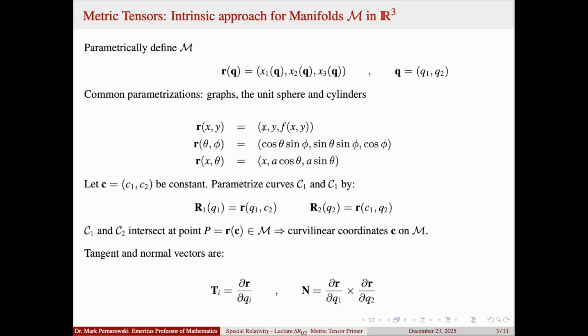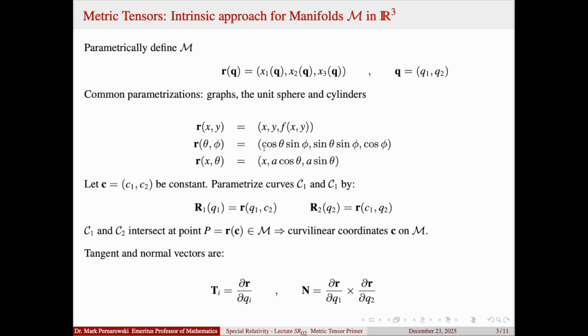If I tell you the x and y coordinates, then I can tell you the z coordinate by some function f of x and y. But that's a vector, and the set of all points for all the x, y in the domain gives you the surface. The unit sphere can be described by coordinates that are basically longitudinal coordinates and latitudinal coordinates.